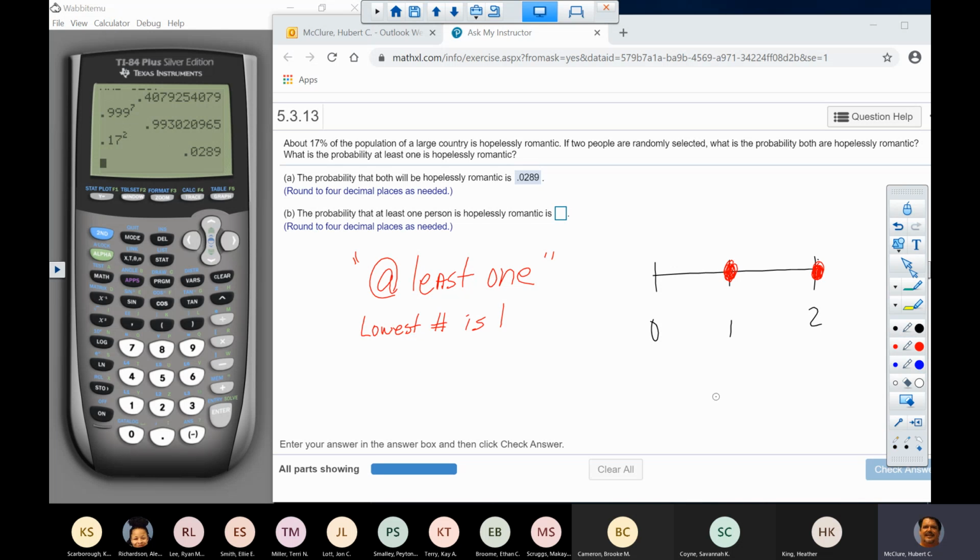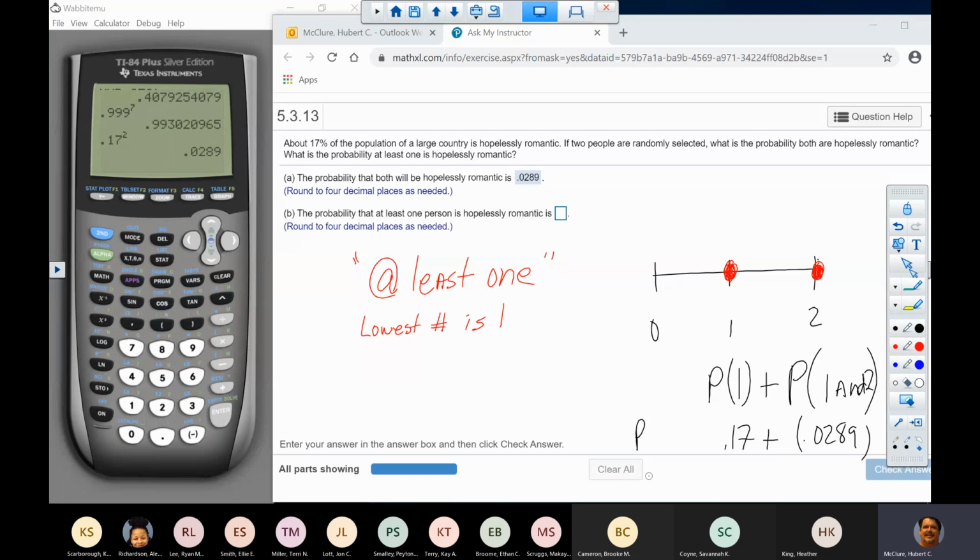So I'm going to do the probability of 1 plus the probability of 1 and 2. Now we've already done 1 and 2. 1 and 2 is what? 0.0289. And the probability of 1, you're just going to do 0.17 to the first power, which is 0.17.